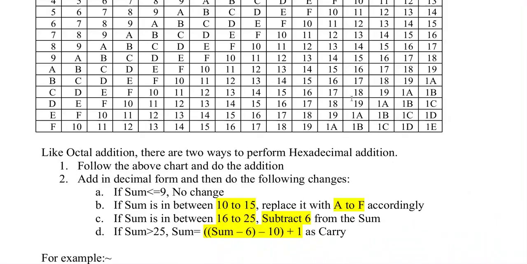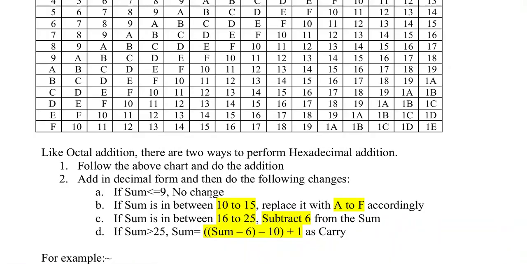And then what do we have to do? Let's see. First option: add the decimal form of each digit. If the sum comes to 9, meaning 0 to 9, there is no change, because up to 9 decimal and hexadecimal have the same value.